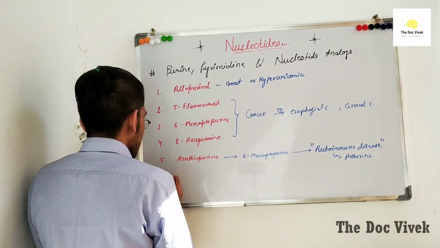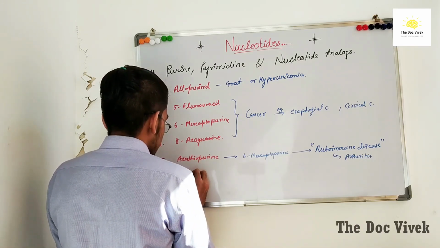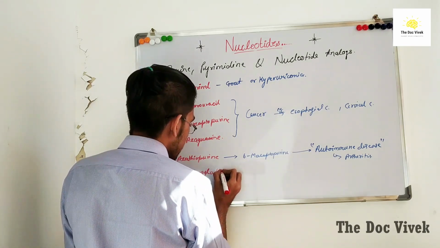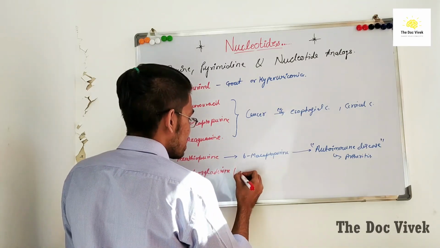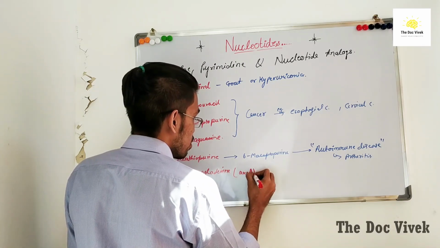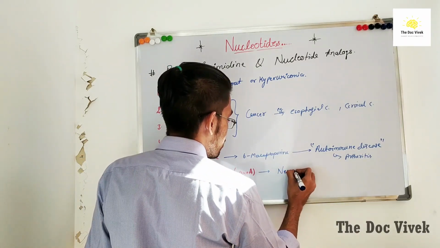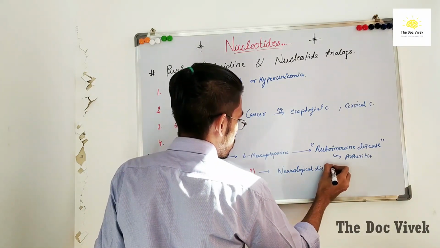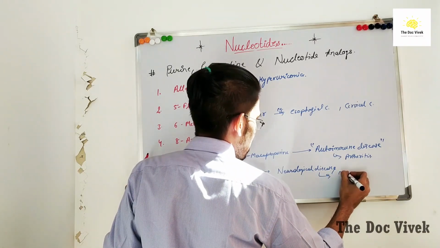The sixth one is arabinosyl adenine, which is also denoted as small ara-A. Okay, this is used in the treatment of neurological diseases, for example, viral encephalitis.